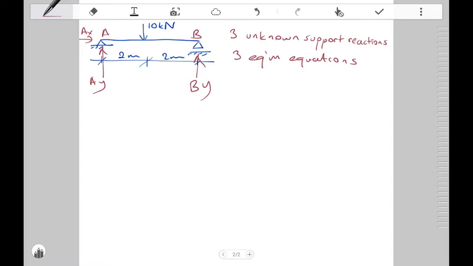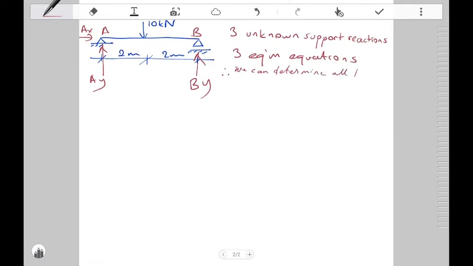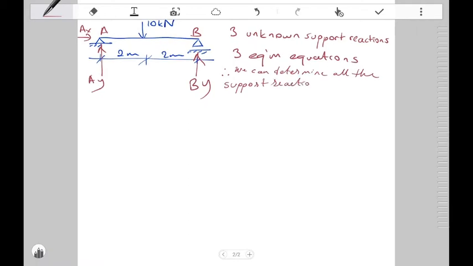So our conclusion is we can determine all the forces, we can determine all the support reactions, and internal member forces using equilibrium equations.